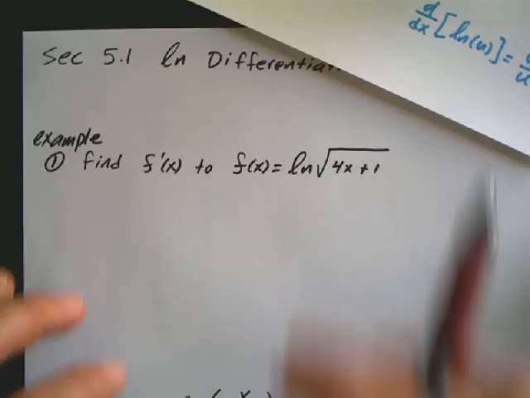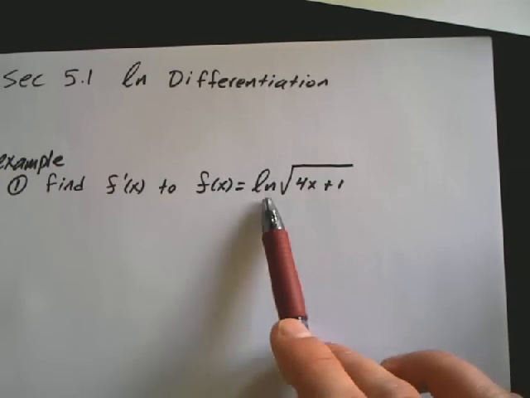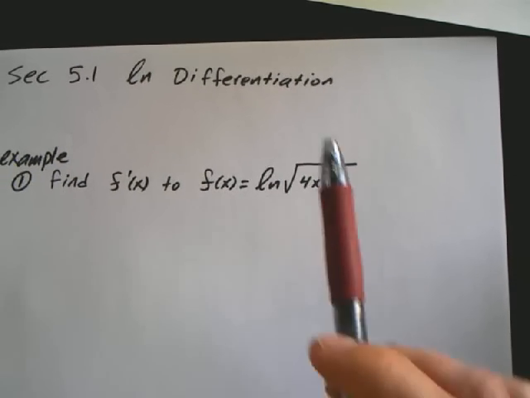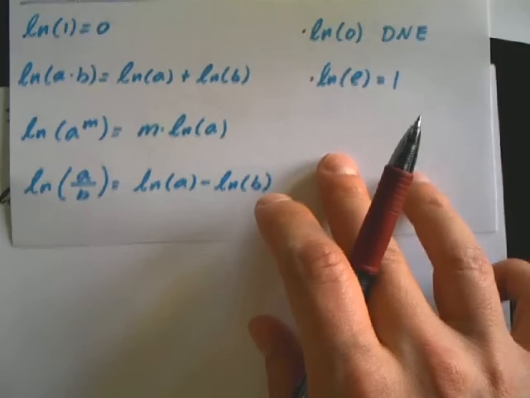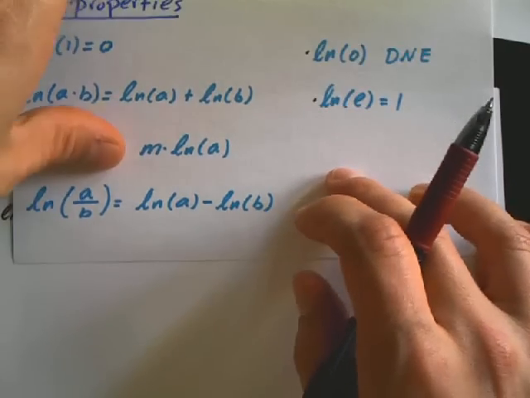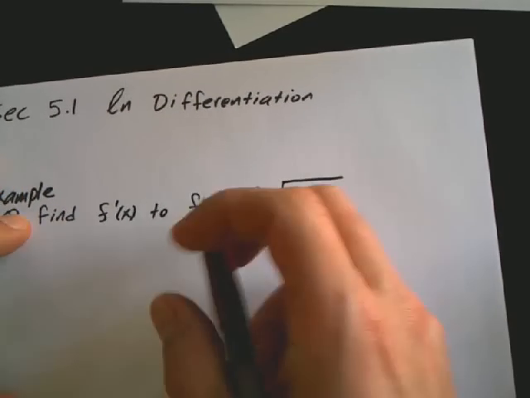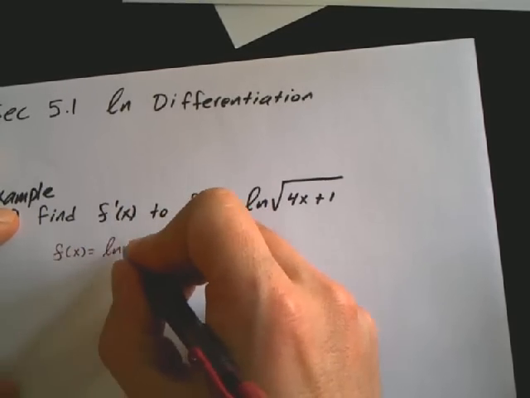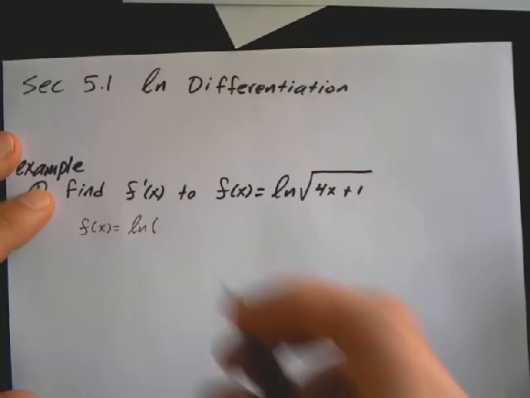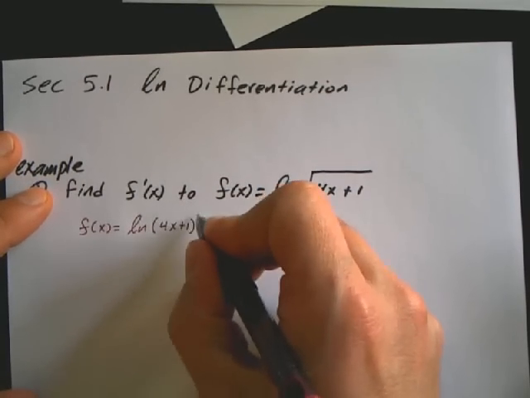So first example, find the derivative of f of x equals ln of this. Now, before you jump into trying to find the derivative, we're going to use these ln properties to simplify things as much as possible. So the first thing I notice is that this is all a square root, so I can write this as f of x equals ln of 4x plus 1 all to the 1/2.